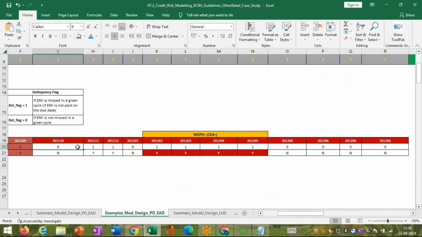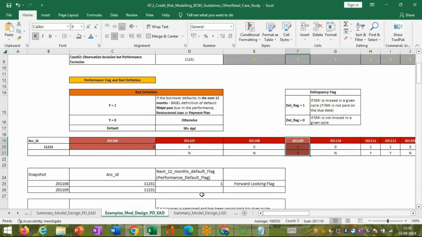But because this 90 DPD is falling in the next 12 months with respect to 2011-09, I will say that yes, the performance as on 2011-09 for 11231 is a performance default.